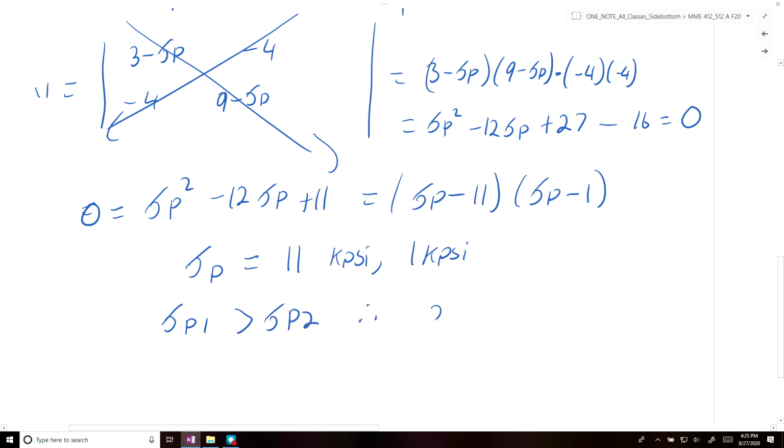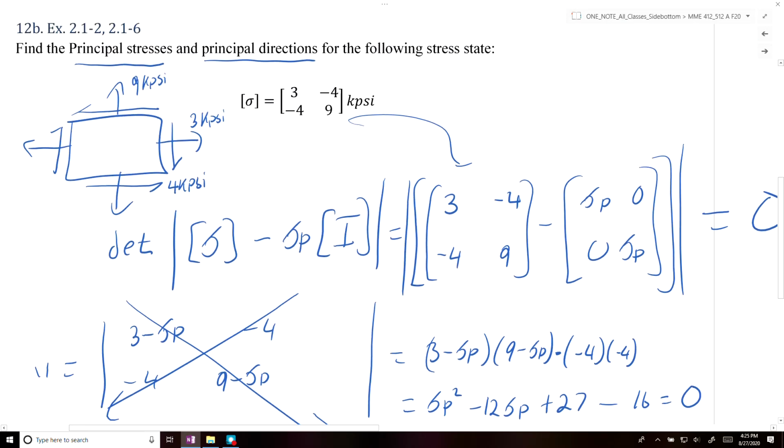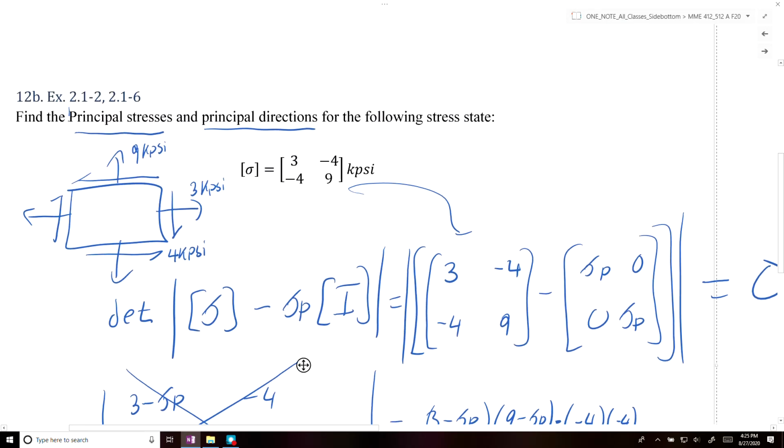In this case, sigma p1 equals 11 kpsi and sigma p2 equals 1 kpsi.